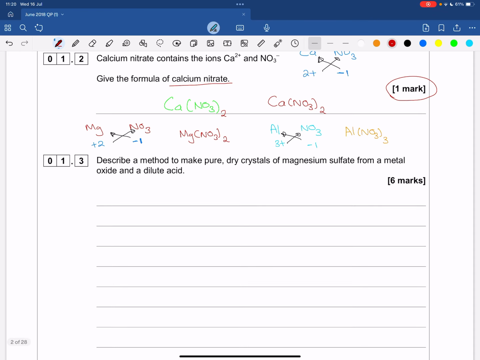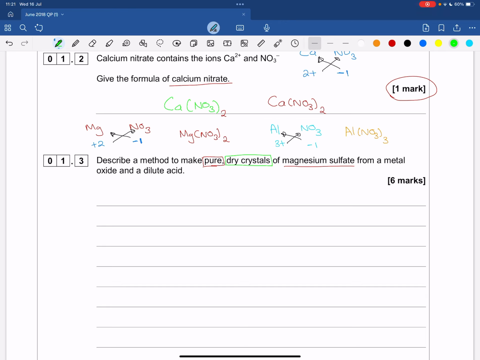Right, so this question is based on a required practical, the first required practical for your course. Describe the method to make pure magnesium sulfate crystals. In your method, you need to say it must be pure. That means it should contain only one type of substance, so you shouldn't have anything other than that. And they are also asking you to make sure it is dry crystals that you are making.